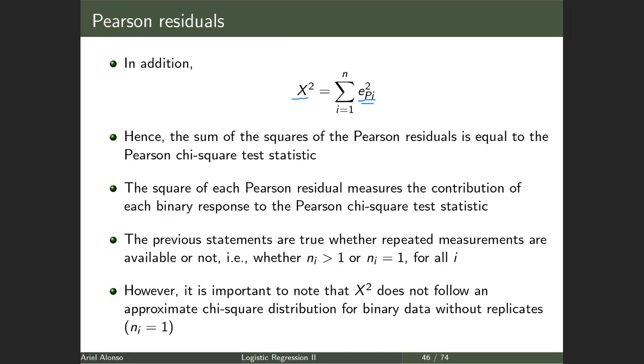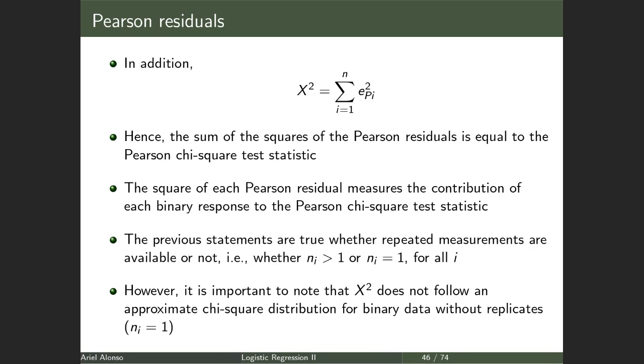That's what it does. Now you need to be careful because this doesn't follow a chi-square distribution unless you have repeated measurements. If you do not have repeated measurements, you can still use this in an informal way, but it is not chi-square distributed under the null. You can still informally see that if this is large, that is evidence of lack of fit.